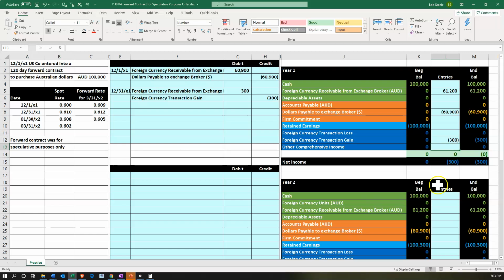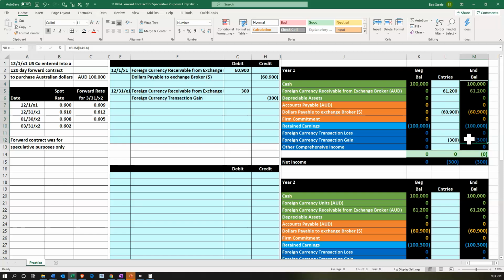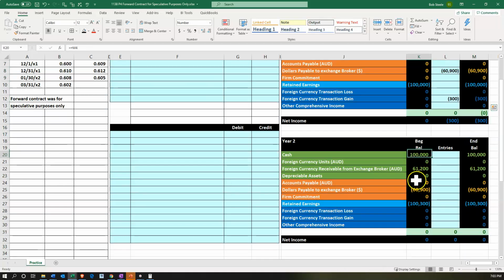Okay, so then we're going to go down to year 2, because in year 2, the forward contract is going to expire on 3/31/X2. So we've got our ending numbers up top as our beginning numbers down below.